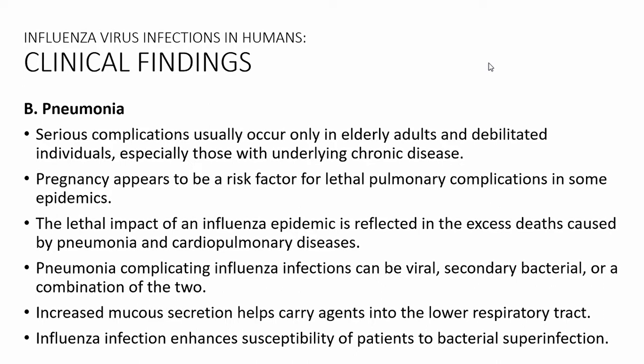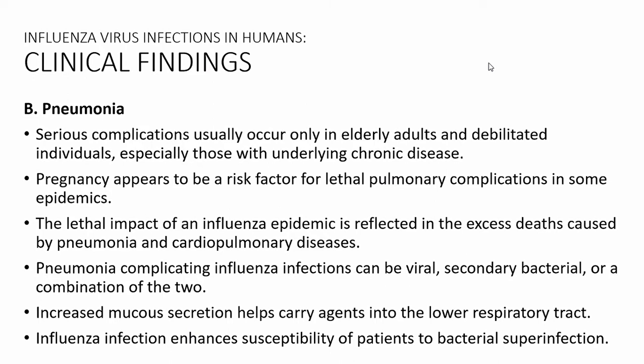Pregnancy also appears to be a risk factor for lethal pulmonary complications, and the lethal impact of an influenza epidemic is reflected in the excess deaths caused by pneumonia and cardiopulmonary disease. Pneumonia complicating influenza infections can be viral, secondary bacterial, or a combination of the two.